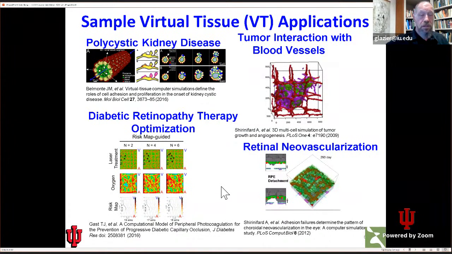That loss of blood vessels can lead to cascading failures of vasculature, leading to blindness. It's treated by laser ablation, and here is a simulation trying to address what pattern of laser ablation does the minimal damage to the intact tissue while maximally preventing the spread of the damage.